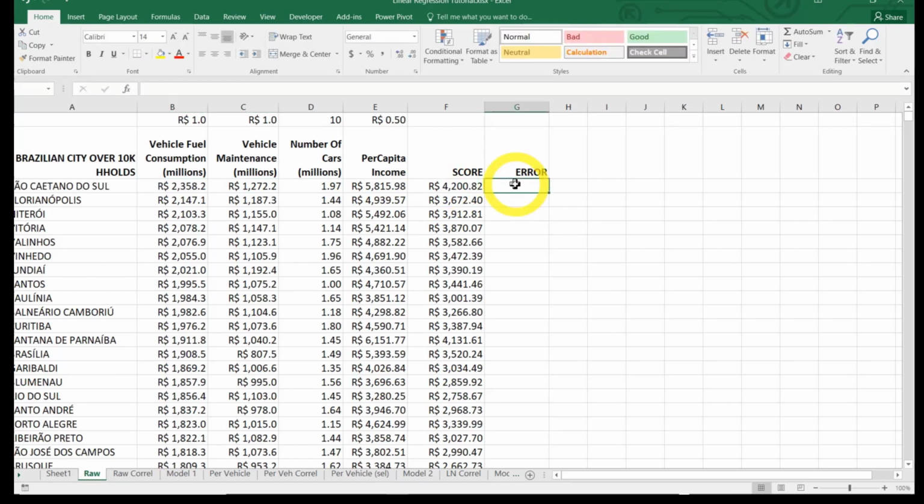Oops, I'm going to put the error here. The error here is the actual fuel consumption minus score. So if the value is negative, that means I overpredicted. If the value is positive, it means that I underestimated. The actual consumption is my score plus this much error.